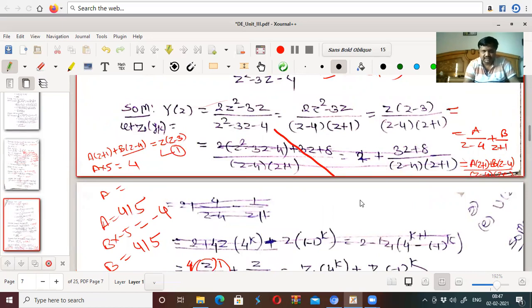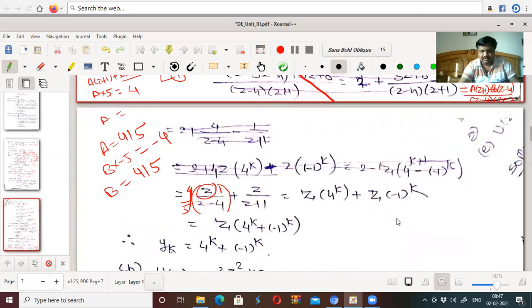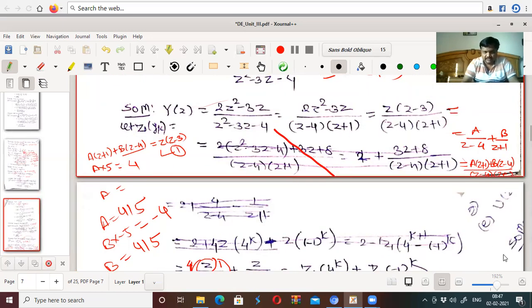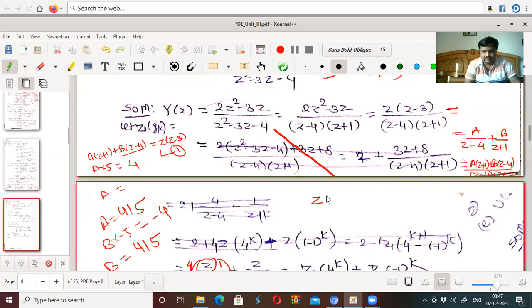So it should be z square minus 3z upon z minus 4 into z plus 1. That means z square minus 3z minus 4.